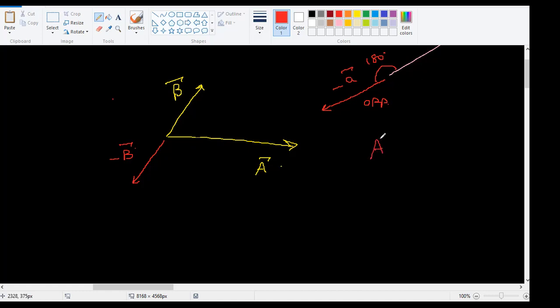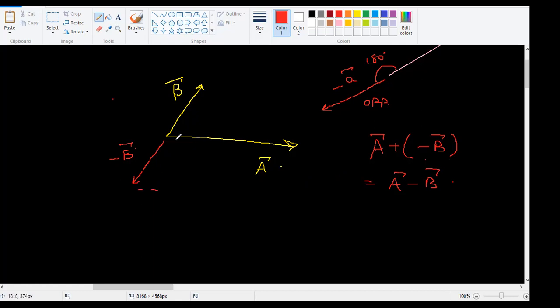This is nothing but a minus b. Using a simple trick of the negative of a vector, I can simply do the same vector addition. Only thing, instead of a plus b, I will be doing a plus minus b.